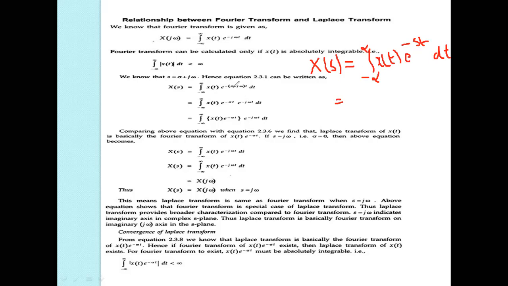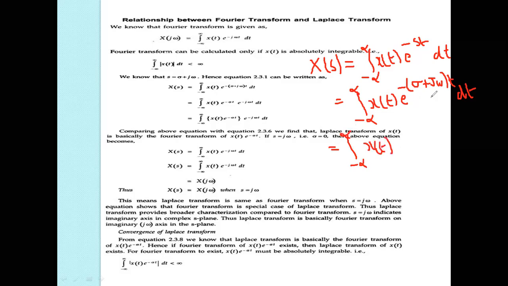What is the S here? Sigma plus j omega. So integral minus infinity to infinity x of t e power minus of sigma plus j omega into t dt. Got it? That is equal to integral minus infinity to infinity x of t, splitting into two parts, e power minus sigma t as one function and e power minus j omega t dt.